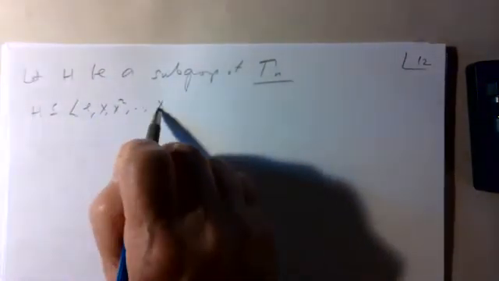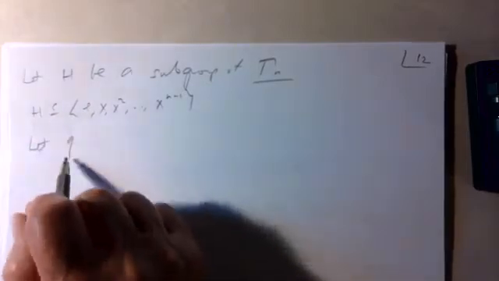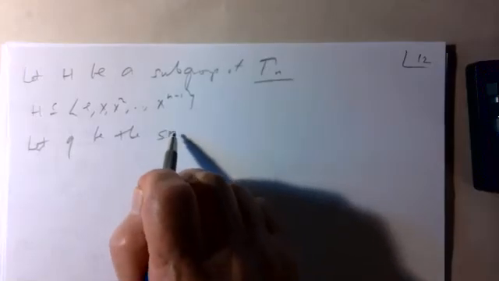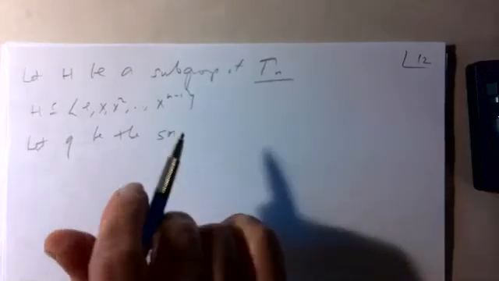So H is contained in the set of powers of x. Suppose I let q be the smallest. So there are two cases, of course. Let me just make this clear.